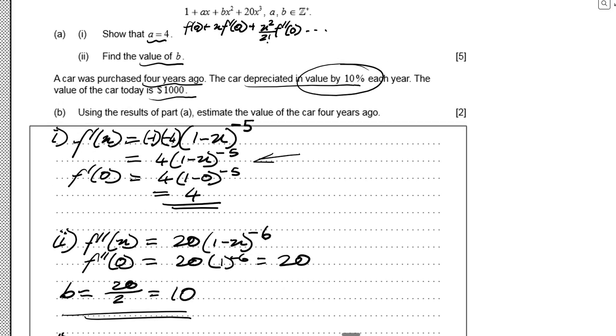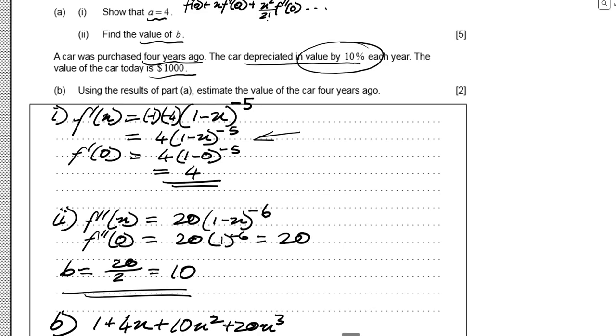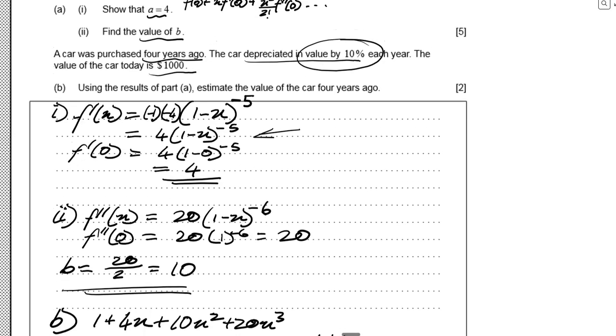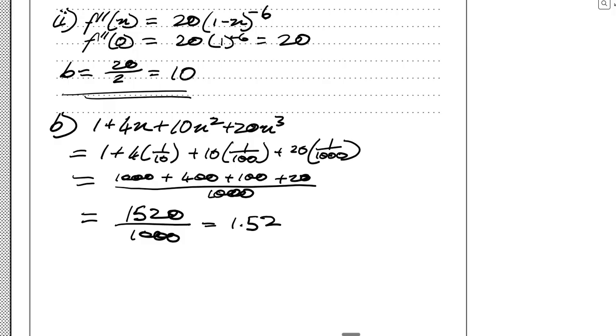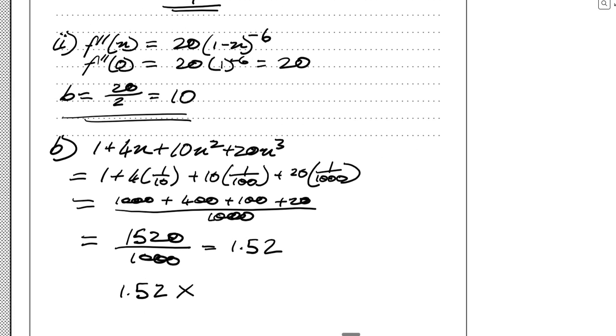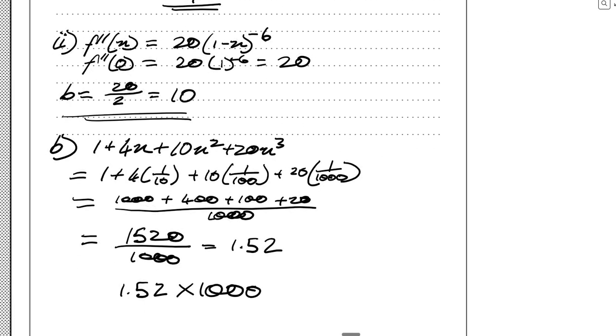our value for our depreciation factor, and we just need to multiply that 1.52 times our principal, which is 1000.